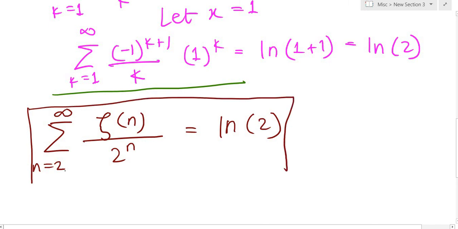You would think that the Riemann zeta function, when you take it inside an infinite sum like this, would definitely diverge. But no, when you take the quotient of the Riemann zeta of n and 2 to the nth power, and then run the infinite sum from 2 to infinity, you just get this beautiful result. Math never ceases to surprise us.